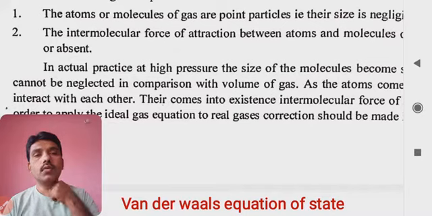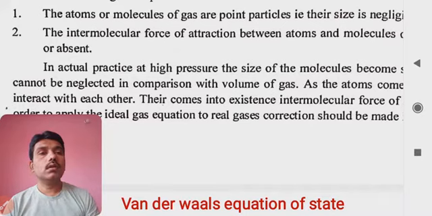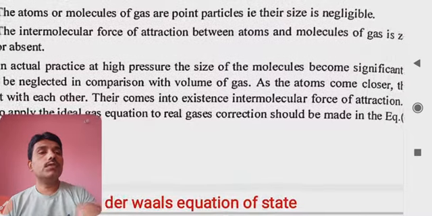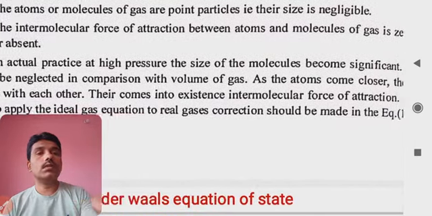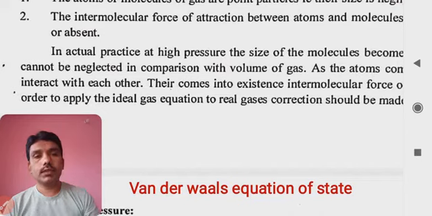So not taking the volume of the molecules into account is not correct. And again, as the atoms come closer, they definitely interact with each other, and due to that pressure and volume are affected. That's why there are corrections according to van der Waals, and why he gave the equation of state.